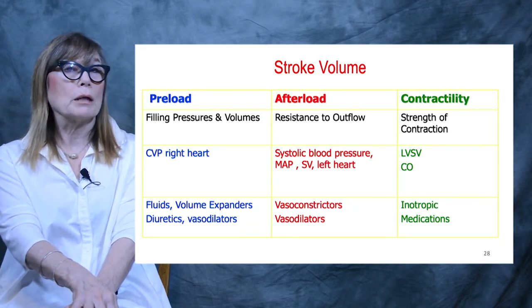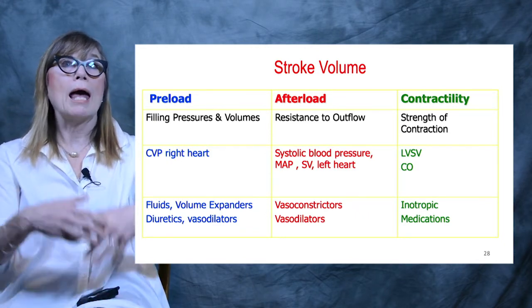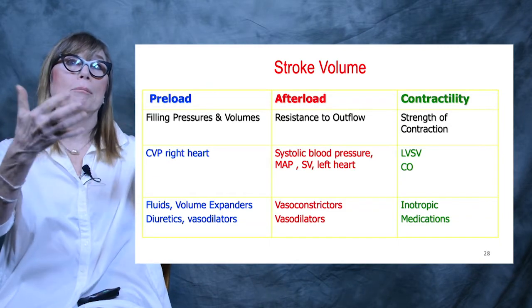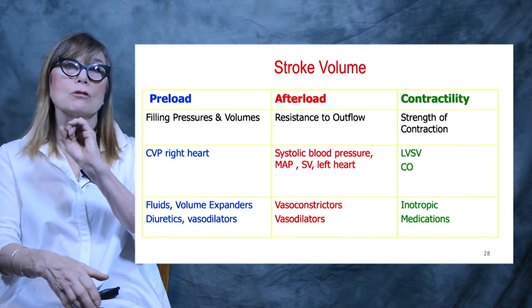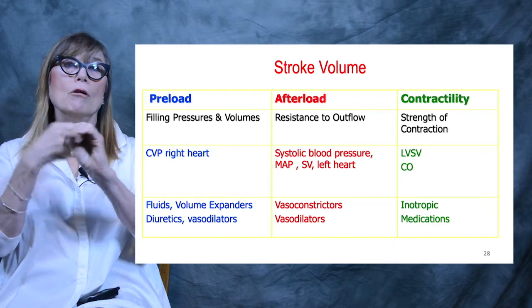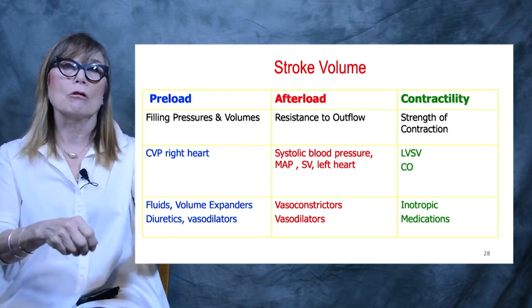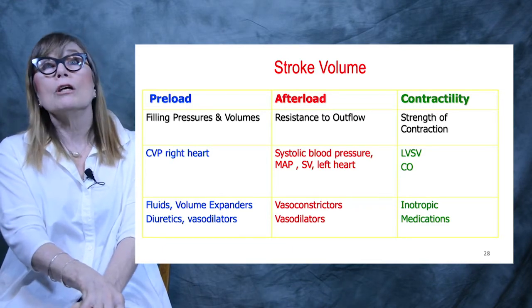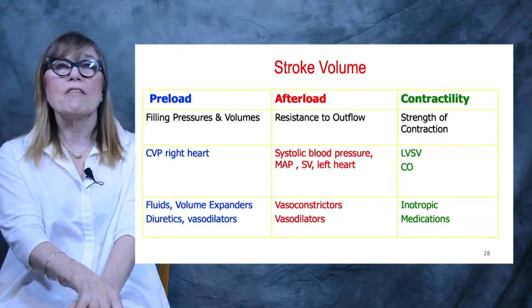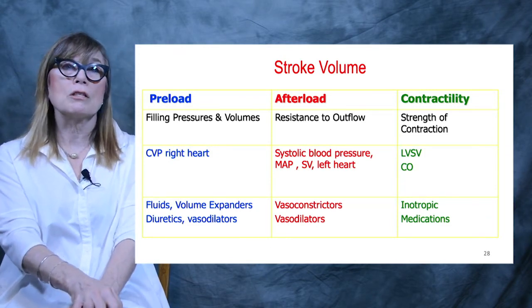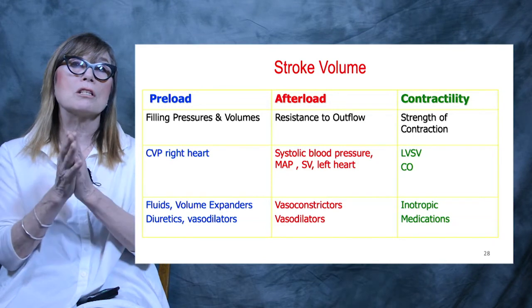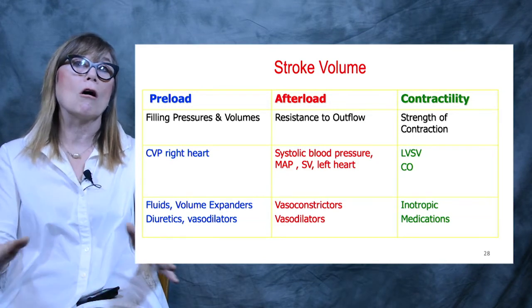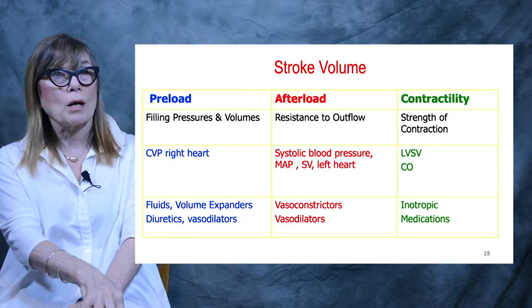Okay, so now that's really important because in our attempts to raise your blood pressure, we may constrict your vessels so much that it's hard for your heart to eject volume and your stroke volume goes down. We're going to use vasoconstrictors or vasodilators to treat that resistance. We're going to cause more resistance with vasoconstrictors, and we're going to cause less resistance with vasodilators.